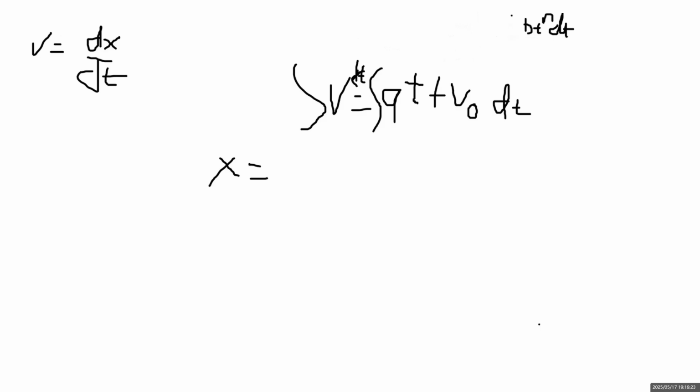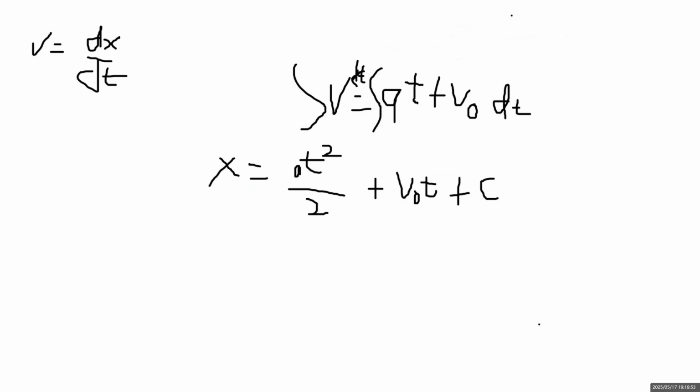When we do this, we have a t squared over 2. Again, a is a constant. So this is just a t squared over 2 plus v naught t, and again an arbitrary constant c.